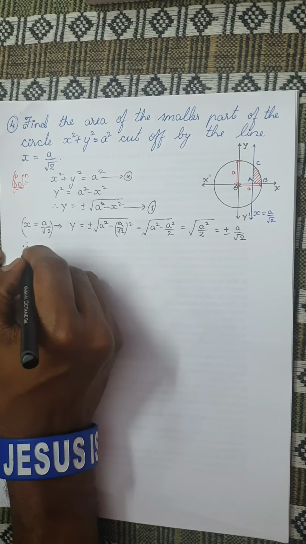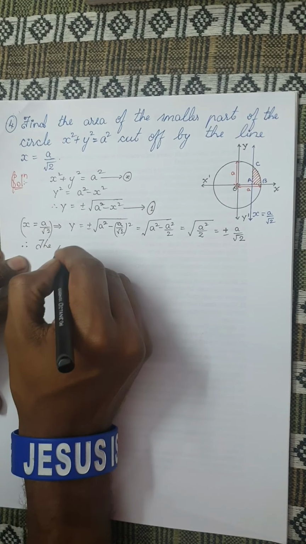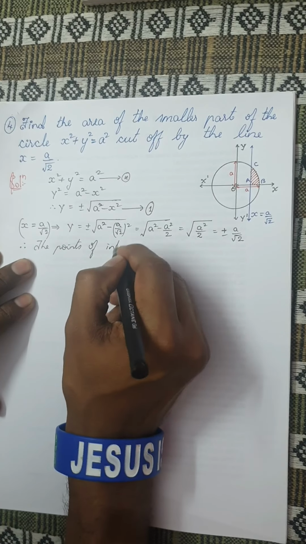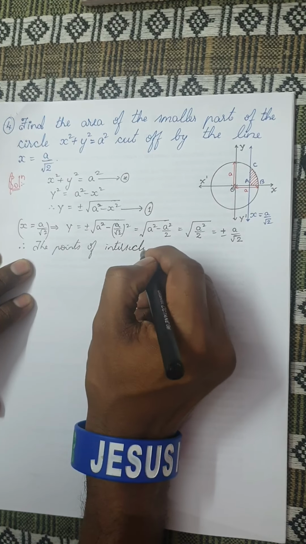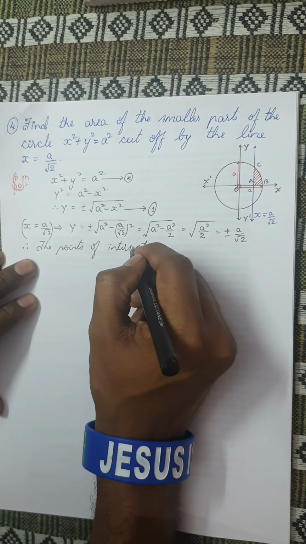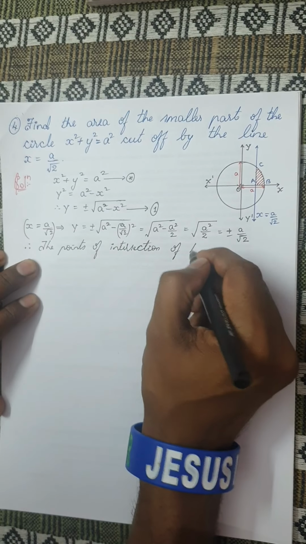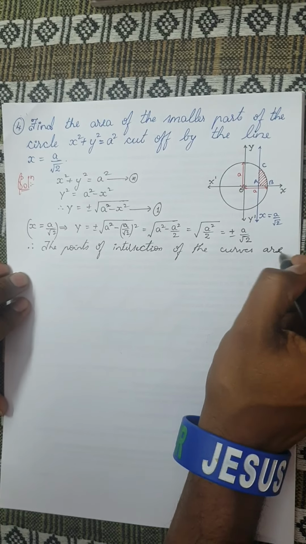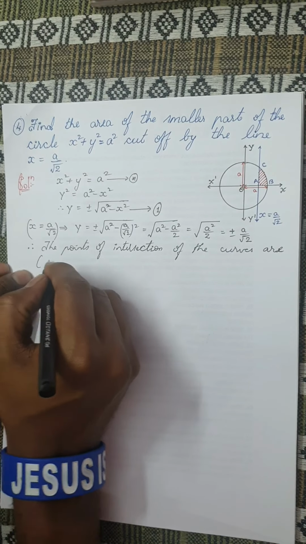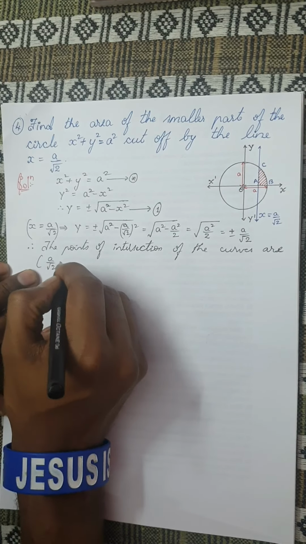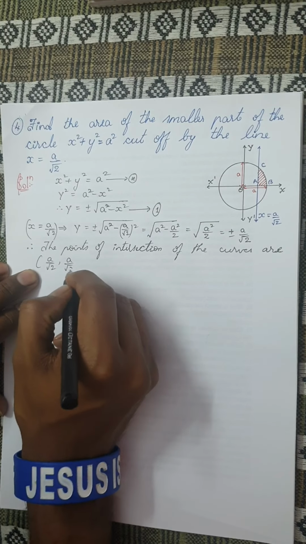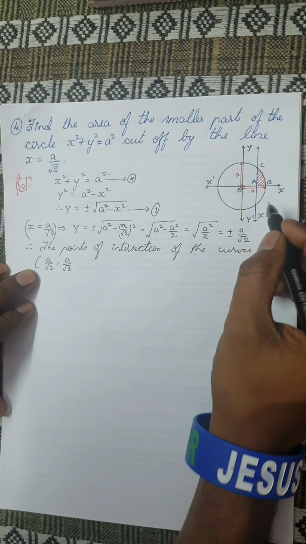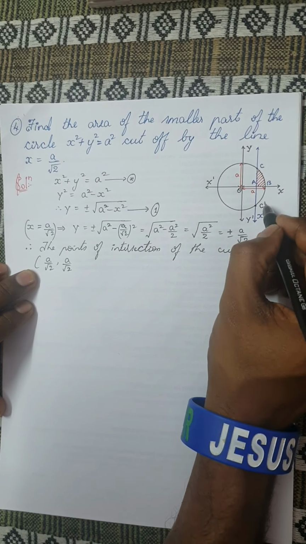Therefore, you can write down the points of intersection of the curves. One is a by root 2 comma a by root 2. You can see here these both curves will intersect at point C and at point C dash.